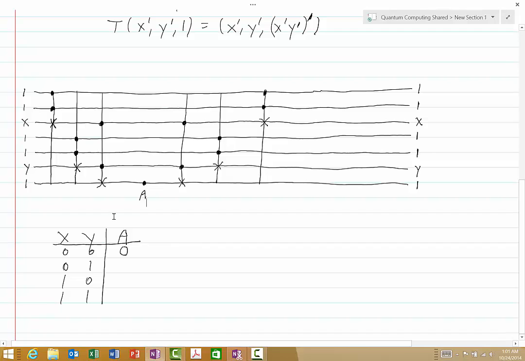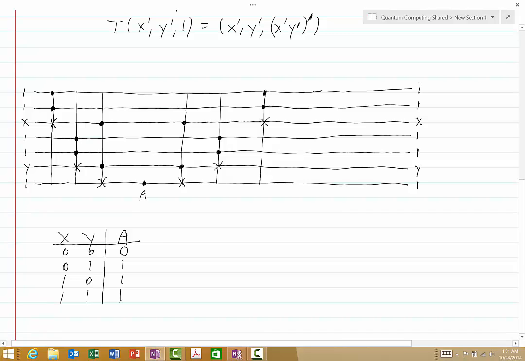But otherwise, if either X is 1, or Y is 1, or both X and Y are 1, in any of the 3 remaining cases, at least one of these variables is equal to 1, so that when it gets inverted, at least one of them will be equal to 0, and if either one of these is 0, neither this inverter nor that inverter will be operative, and therefore A, this 1 down here on the last line will go all the way through, never disturbed, and A would be equal to 1. So in the last 3 cases, A is equal to 1.